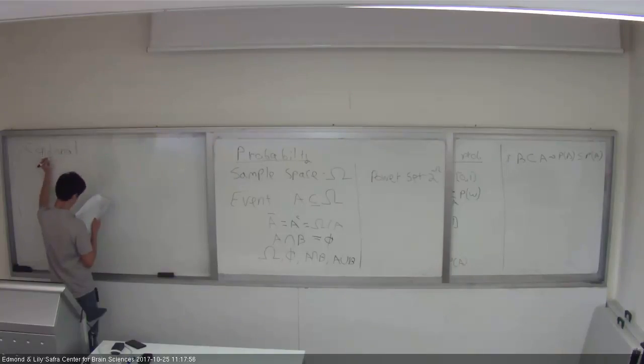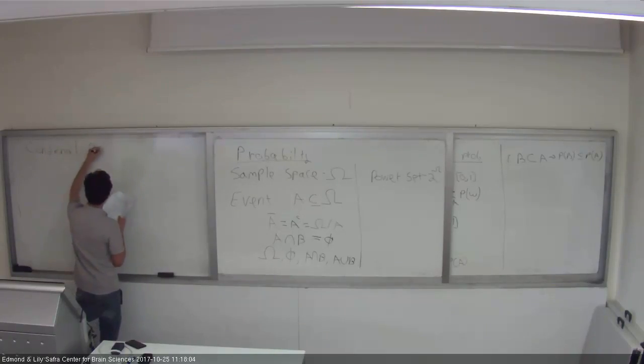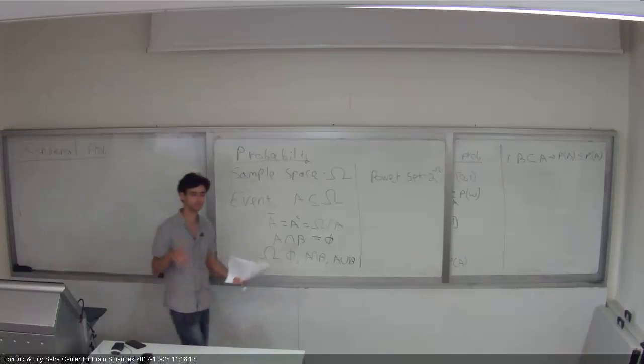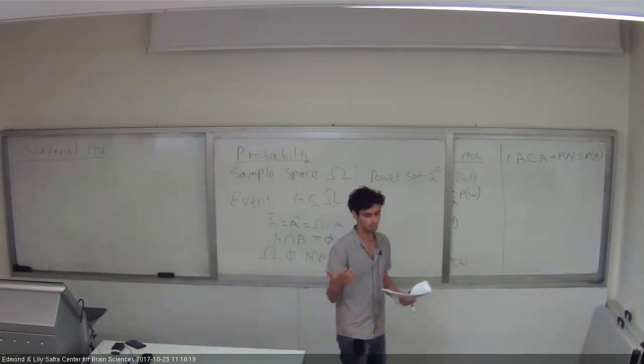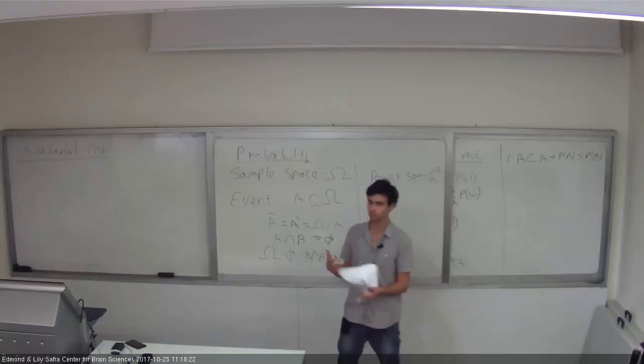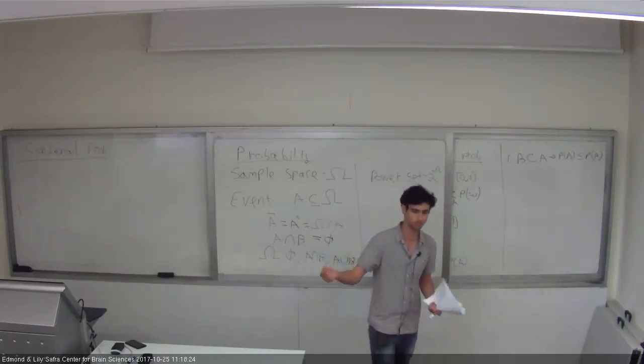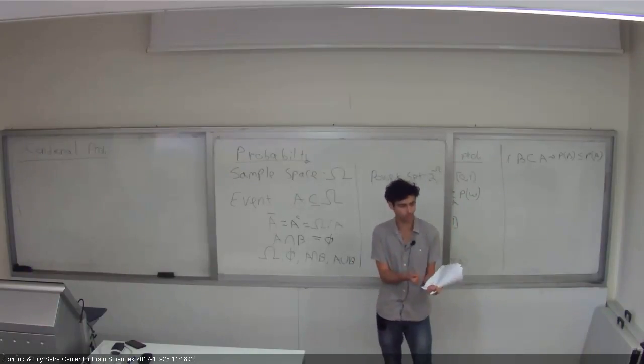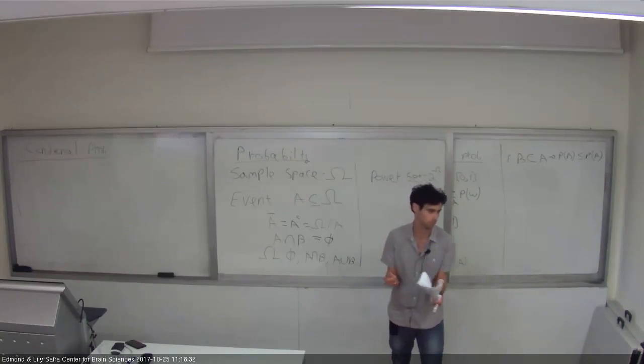The intuition behind conditional probabilities is that we have an event A, and someone tells us that B has occurred, and we want to ask what is the probability that A has occurred if we already know that B has occurred.